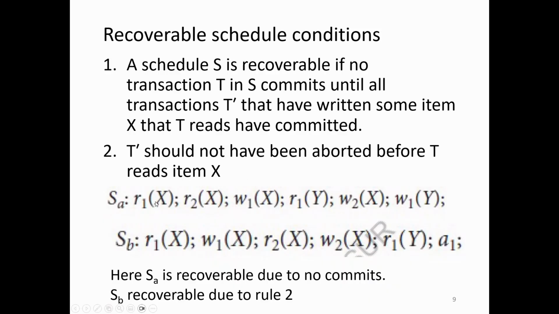If we take this example, I have a different document where you can understand it easily. Here, A is recoverable due to no commits. If there are no commits and aborts, no doubt that schedule can be recovered.